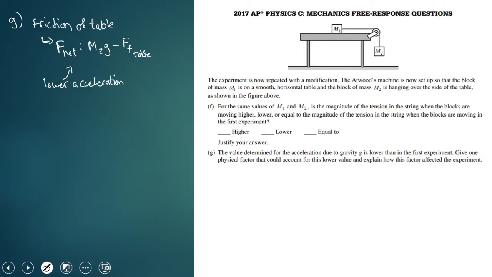And so because we have a lower acceleration than experiment 1, when we draw a graph, we have lower acceleration, so we have a lower delta y for the same values of delta x. So we have a lower or a smaller slope, and thus a lower value of g.